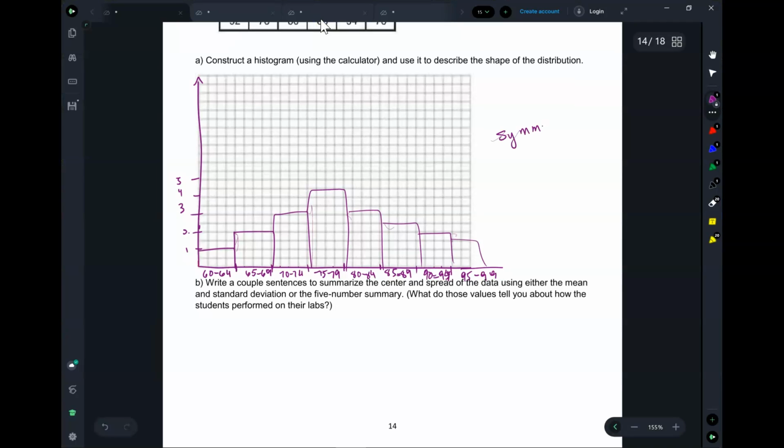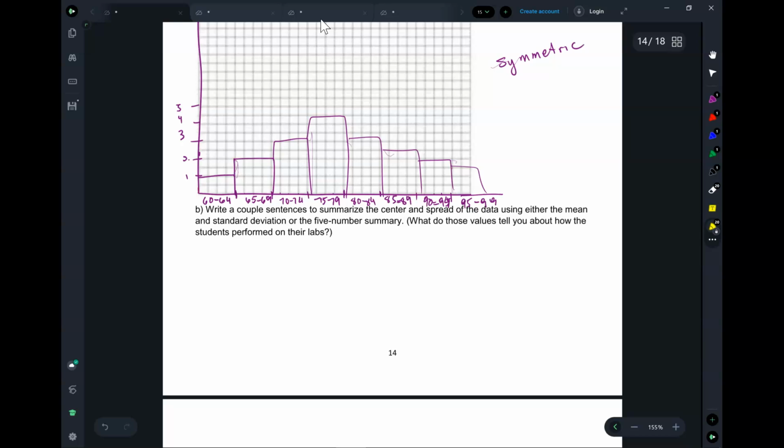This is symmetric, because look at what it says here. It says construct a histogram and then use it to describe the shape of the distribution. It's a symmetric shape. Now, part B. No, don't draw the line. Write a couple of sentences to summarize the center and spread of the data using either the mean and standard deviation or the 5-number summary.